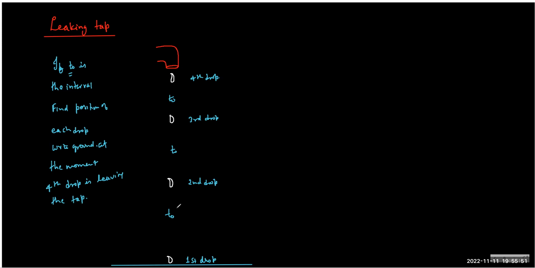Tell me, guys. What is the height of the first drop from the ground? So 0. Exactly, 0. So similarly, can you find the height of the second, third, and fourth with respect to ground? Try this out. Take your time.